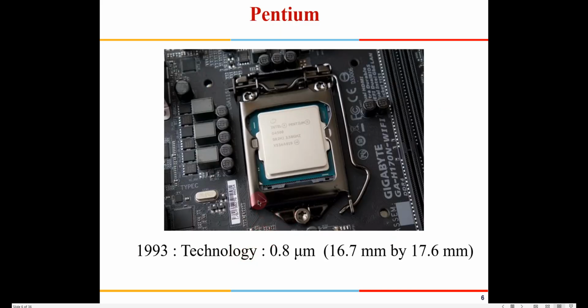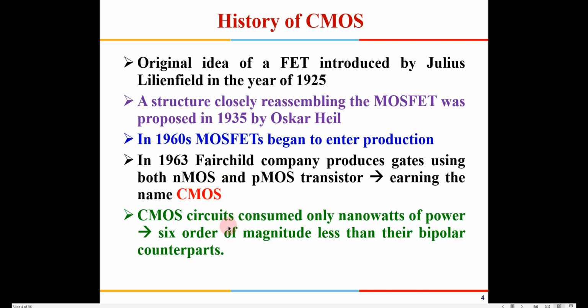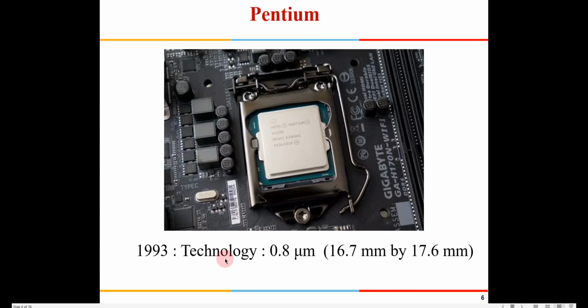When CMOS started in 1963, the devices were of a few micrometers feature size, that means the channel length was in micrometers. By 1993 we had the Pentium processor coming in, which had around 800 nanometers.